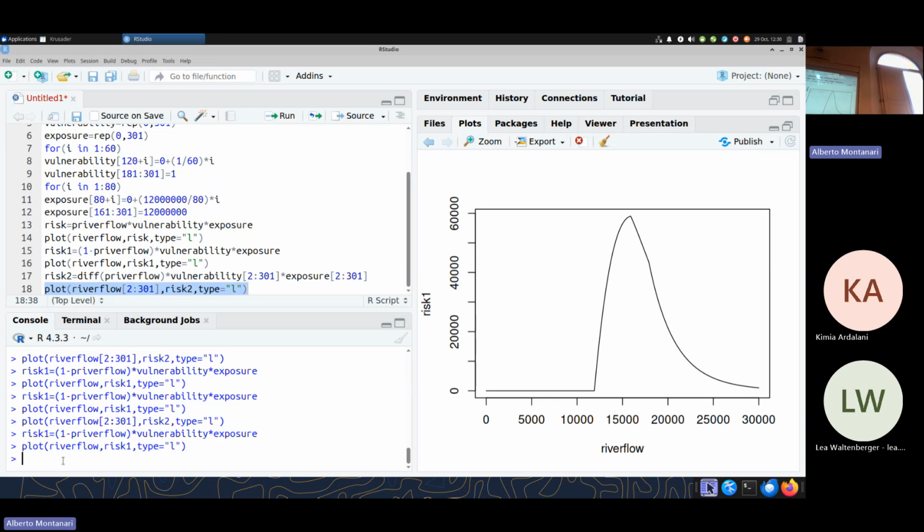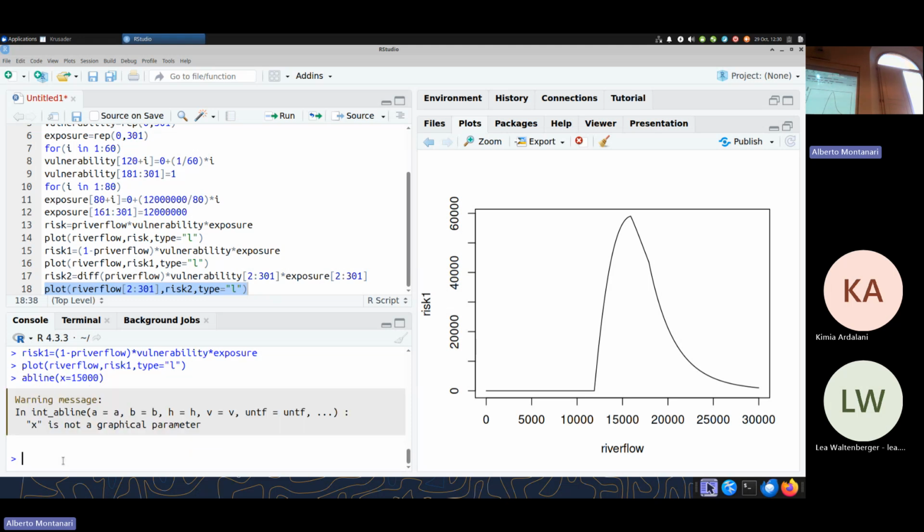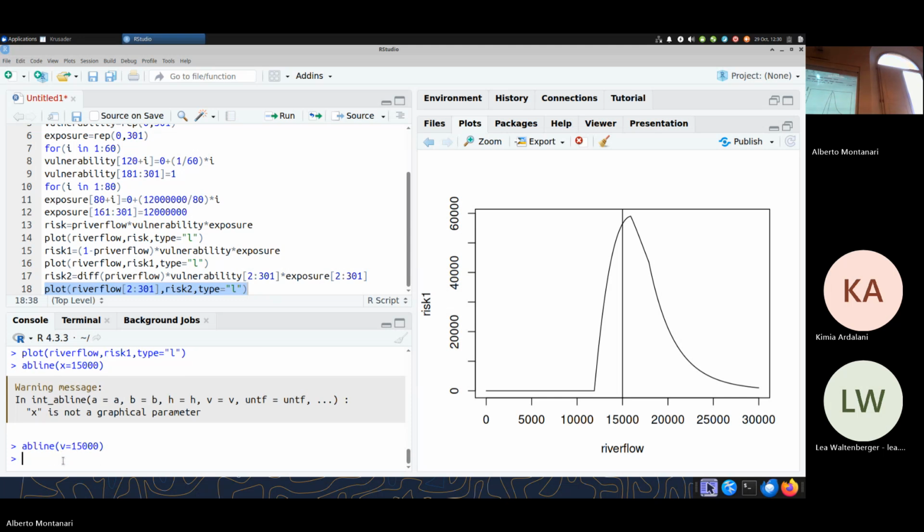So let me just draw a vertical line. A line V equal to 15,000.